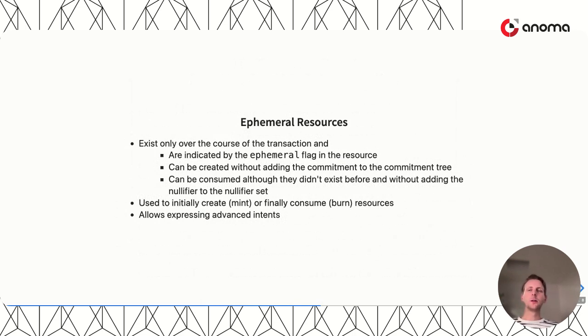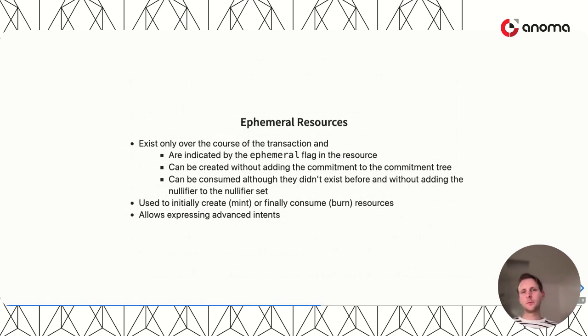So let's assume there is the Genesis block and no resource exists yet, not a single one. And you want to create 10 apples. However, there are no apples that you can consume, and in this case, you will create 10 ephemeral apples that only exist for this transaction. You make them up from thin air, and then this transaction would be balanced.